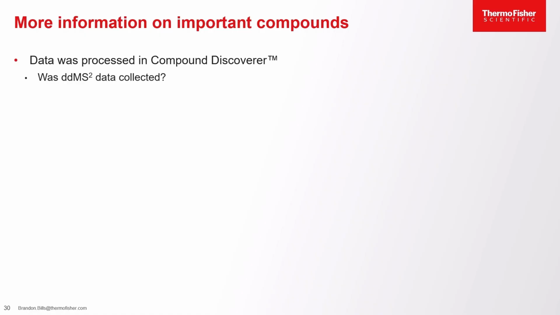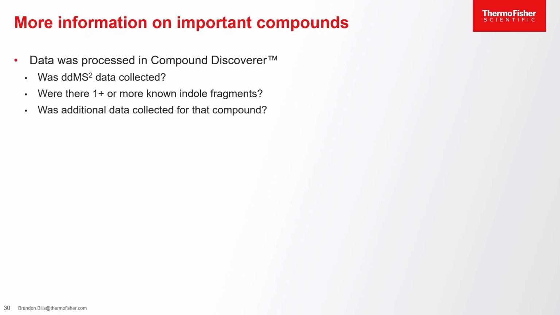Indole fragments being, if you looked through the entire indole library, you would see these fragments popping up over and over again for these compounds. And finally, did we manage to collect additional data when there was enough information there to say this is a likely indole compound?